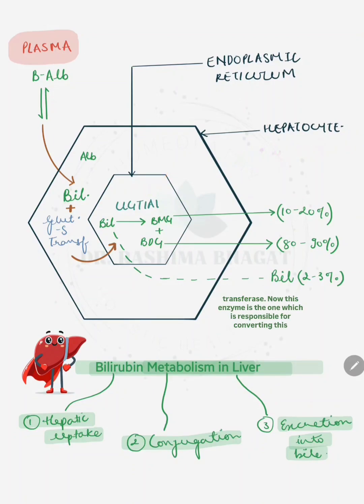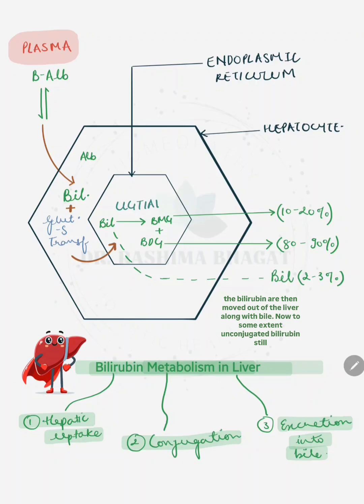This enzyme is responsible for converting unconjugated bilirubin into conjugated bilirubin by adding glucuronic acid molecules to the unconjugated bilirubin molecule, and forms two major forms of conjugated bilirubin, which are bilirubin monoglucuronide and bilirubin diglucuronide. These conjugated forms of bilirubin are then moved out of the liver along with bile.